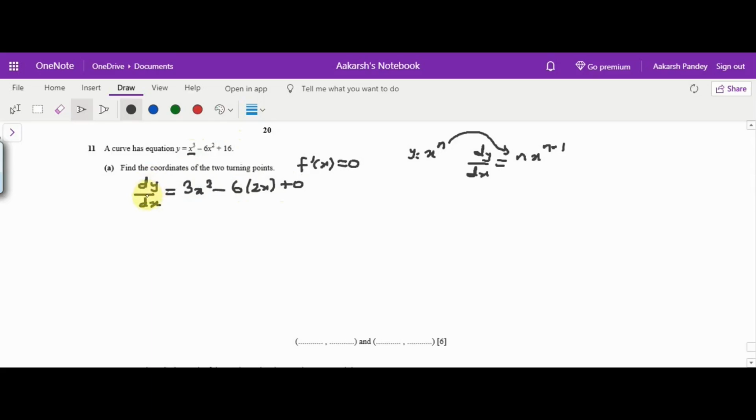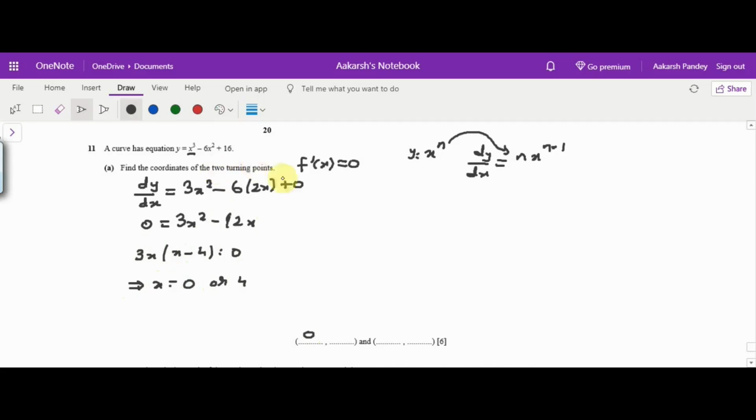So I need dy by dx to be 0 to find the turning points. So 3x square minus 12x is 0. So I take 3x as common, I get x minus 4 equal to 0. So this implies x is either 0 or 4.